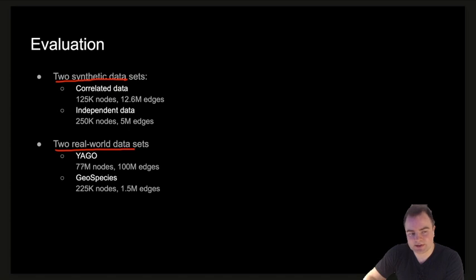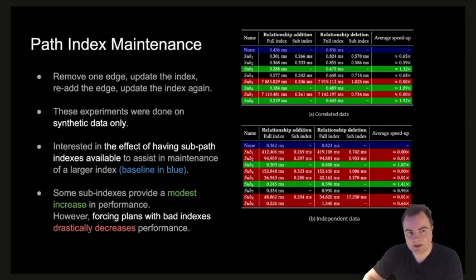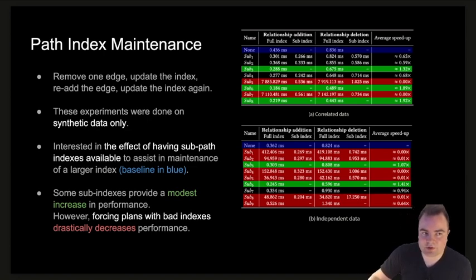Yago is an encyclopedic data set, and Geospecies is a biological data set. Here are the results of the experiments on path index maintenance. Specifically, in this experiment, we wanted to know how to choose which sub-patterns could be useful in maintaining the overall path index pattern.